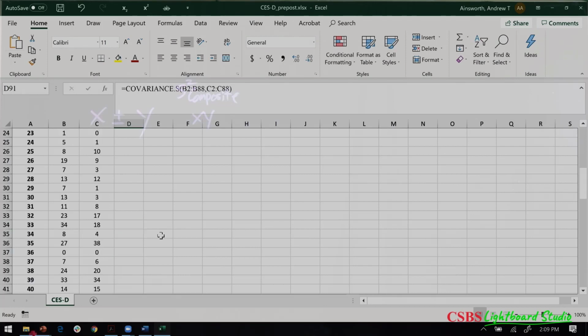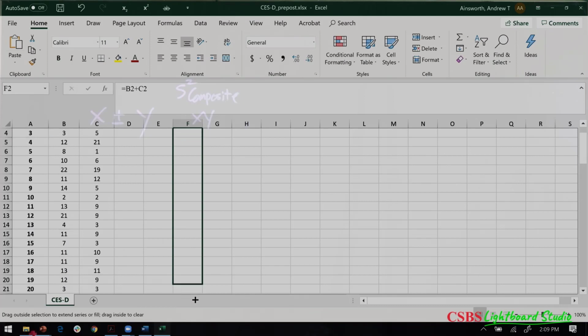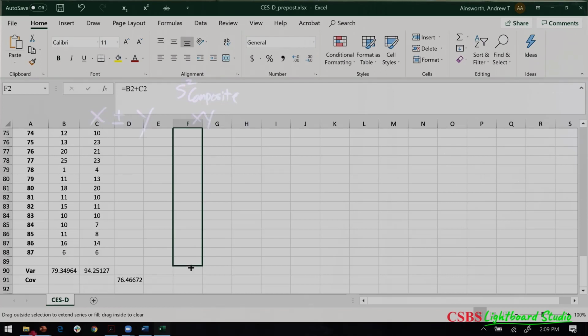So now let's look at something here. Here is pre plus post. Here is pre minus post. Okay, so if I take this plus that, I'm creating a composite of the two pre and post scores. I can do that for everybody. So this is everyone's pre plus post, like that.